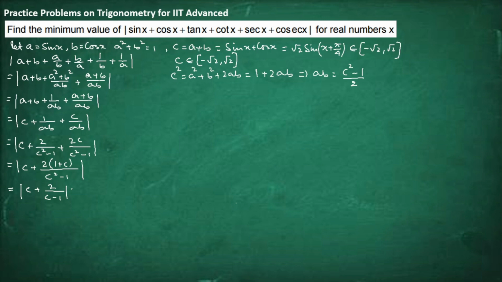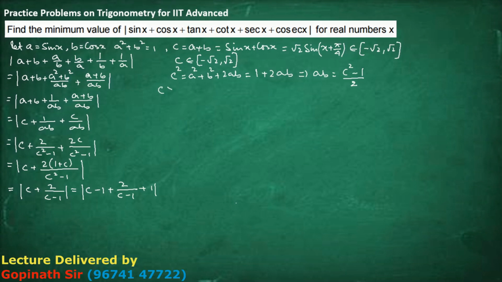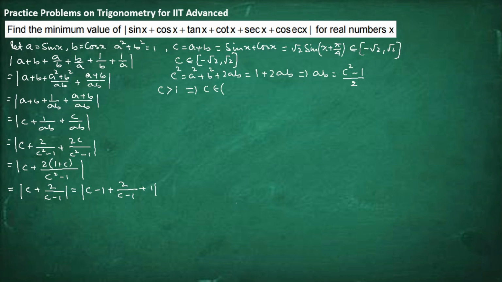Okay? So again, we can write this as (C minus 1) plus 2 by (C minus 1) plus 1.